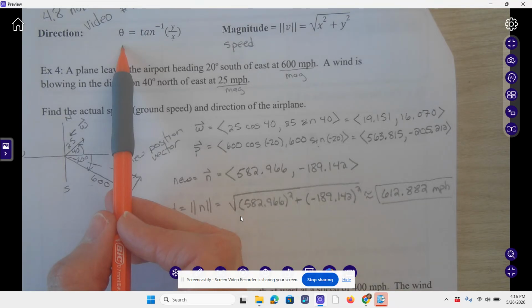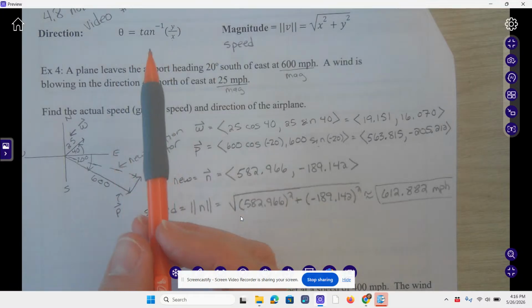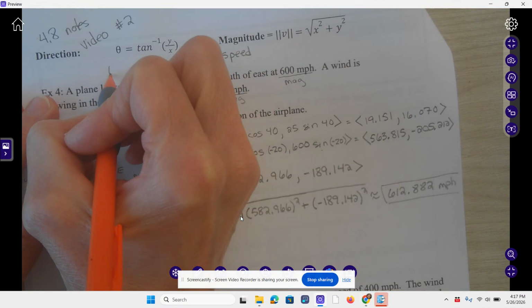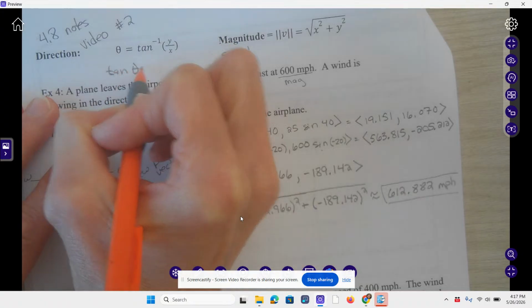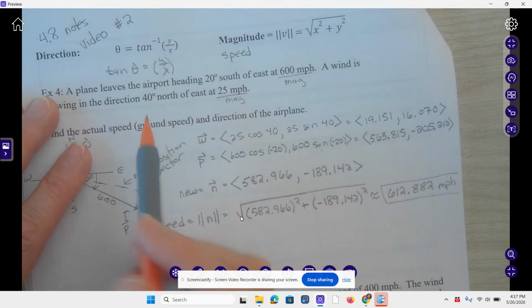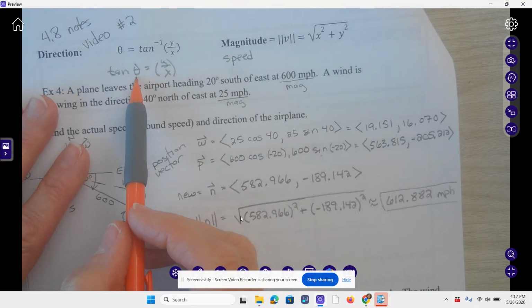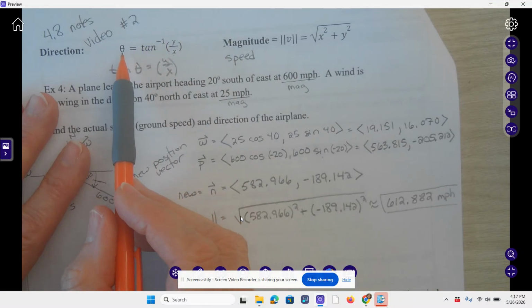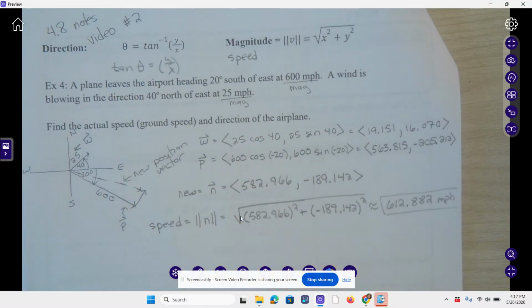So we want to find the angle. To find the angle, what we're really saying is the tan of an angle equals y over x. But we want the angle. We have the y component of our vector and the x component of our vector. So we're just going to go right to tan inverse.